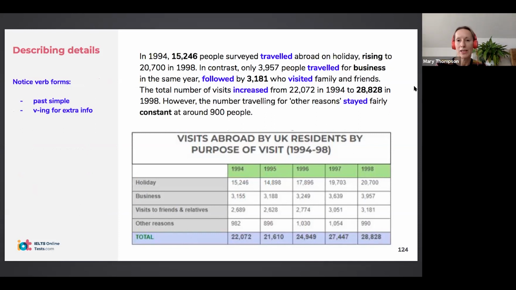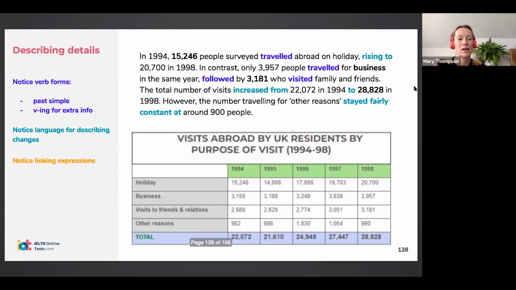Verb plus ing for extra information. So this is what I pointed out before. So you've got rising there. Notice the language for describing changes. So yeah, stay fairly constant. It's a good expression to use.